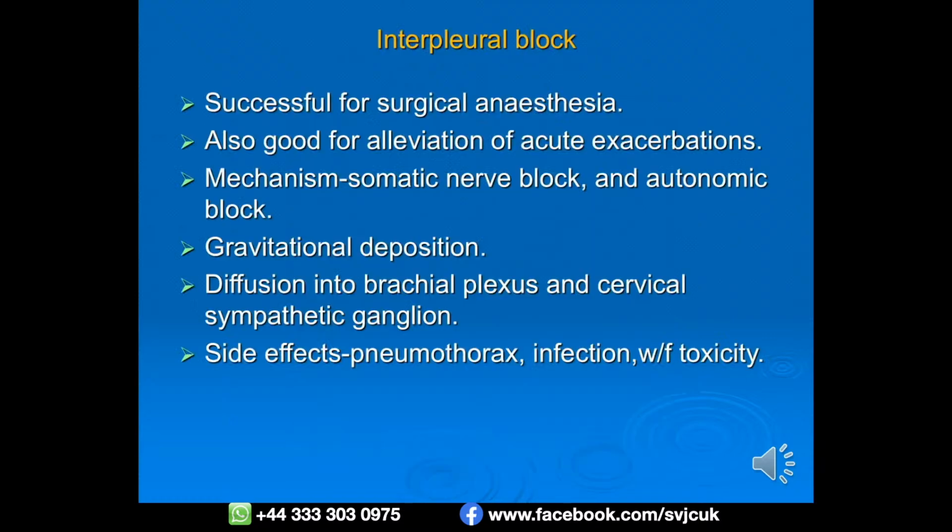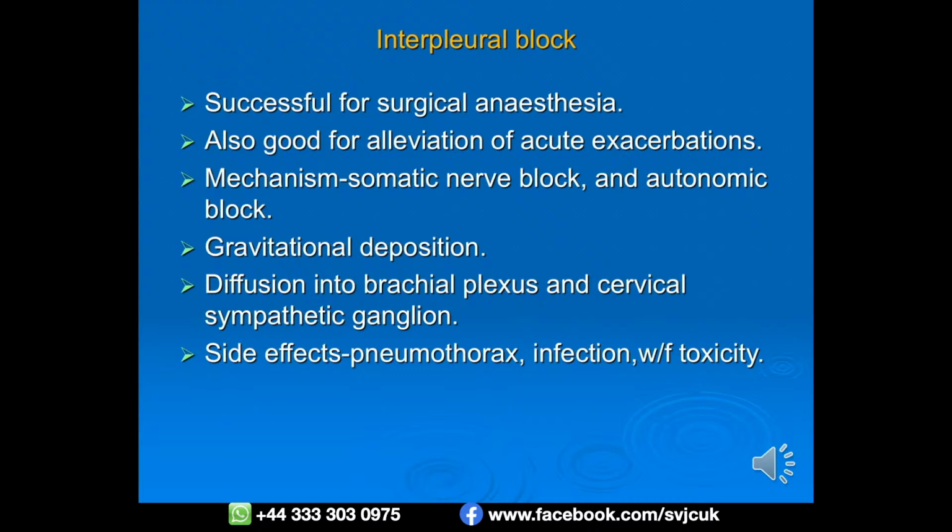Another block which is used quite successfully for surgical anesthesia is interpleural block. It's also good for alleviation of acute exacerbations, and it's supposed to work by somatic as well as autonomic blockade.